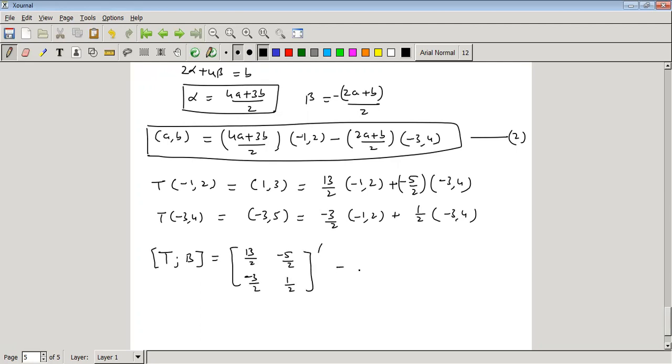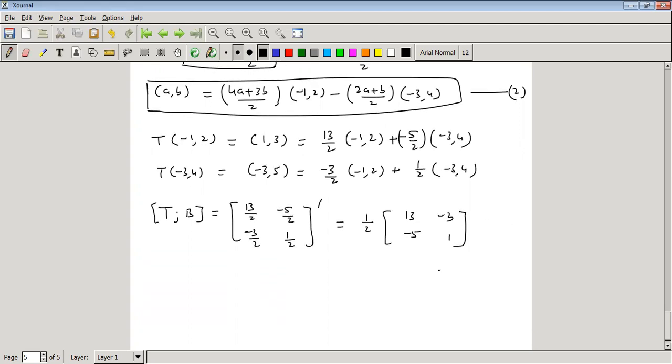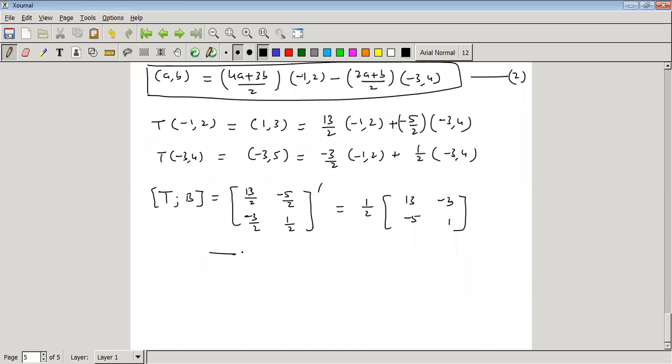We can take 1 by 2 common, so 13, minus 3, minus 5, 1. So this is the required matrix associated with the given transformation. You can try questions related to this topic. Thank you. Have a nice day.